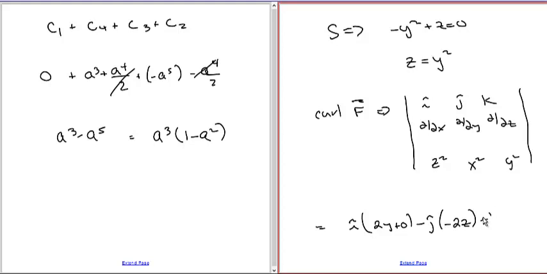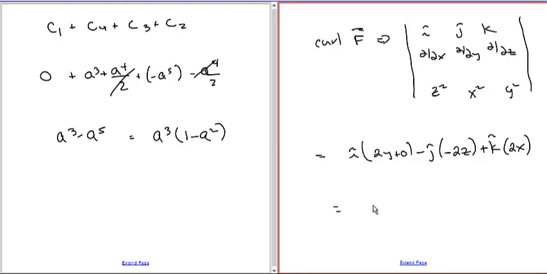And then we have plus k. Partial of x squared with respect to x, going to be 2x. And minus the partial of z squared with respect to y, which is 0. So we end up with 2y i plus 2z j plus 2x k. So that's the curl.